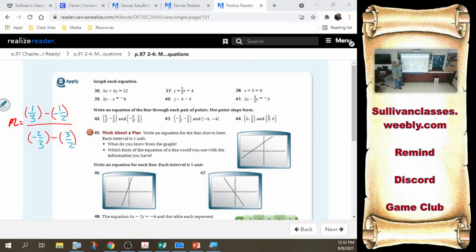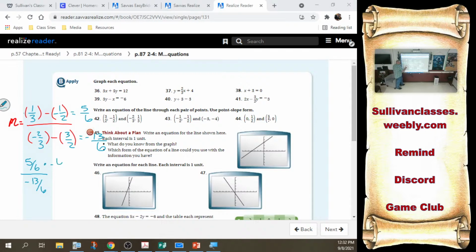That's going to be 2/6 plus 3/6. That's going to be -4/6 minus 9/6. Right? By 3, by 3, by 2, by 2. Yeah. And then if I have 5/6 over a -13/6, dividing by fractions is easy as pie.